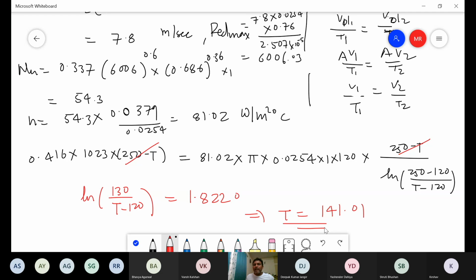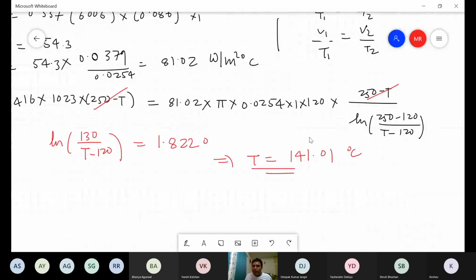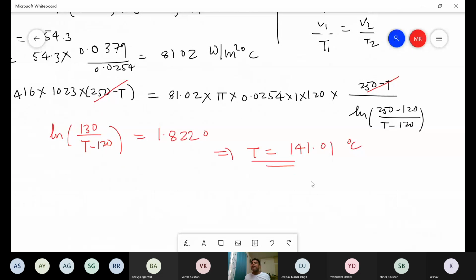So now additional iteration is not required, because the earlier temperature assumed for calculating the average value was the earlier outlet temperature. Remember, here we have calculated the average value. That temperature we assumed is 140.27. So this 140.27 and the obtained temperature of 141.01 are very close, isn't it? So no further iteration is required.